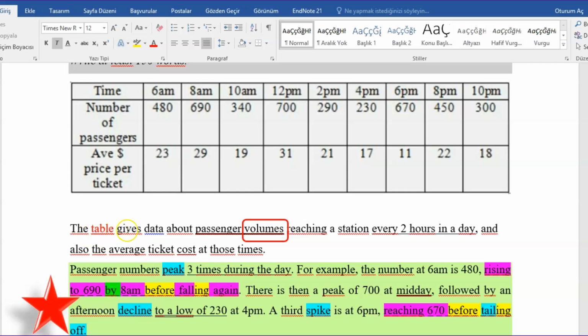The table shows, the table gives data, provides data about passenger volumes, that is, the number of passengers, reaching a station every 2 hours in a day.